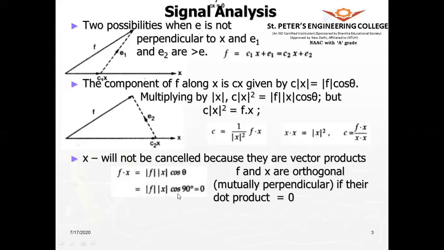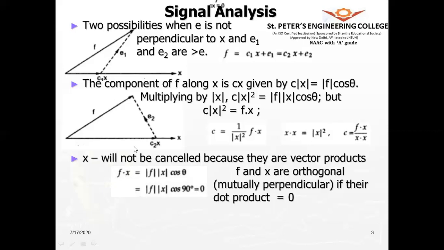That is when the angle is 90 degrees, the cos of that angle is equal to 0. Therefore, mod f and mod x are not zeros, but cos of 90 becomes 0. So therefore, the dot product becomes 0.